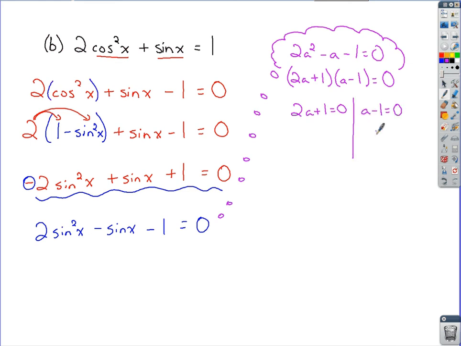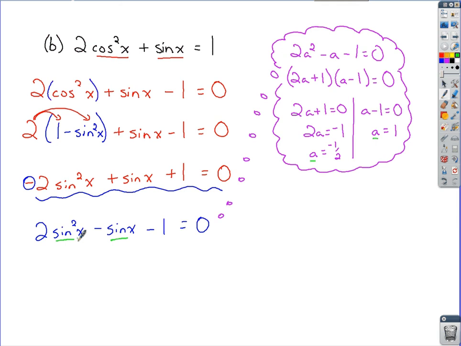Well, let's see, over here a equals 1. For this equation, 2a, if I subtract 1 over, would equal negative 1. Divide by 2, a is negative 1/2. So off to the side here, I've done a little side thought. I take this work, and I let a replace basically my sine stuff over here.